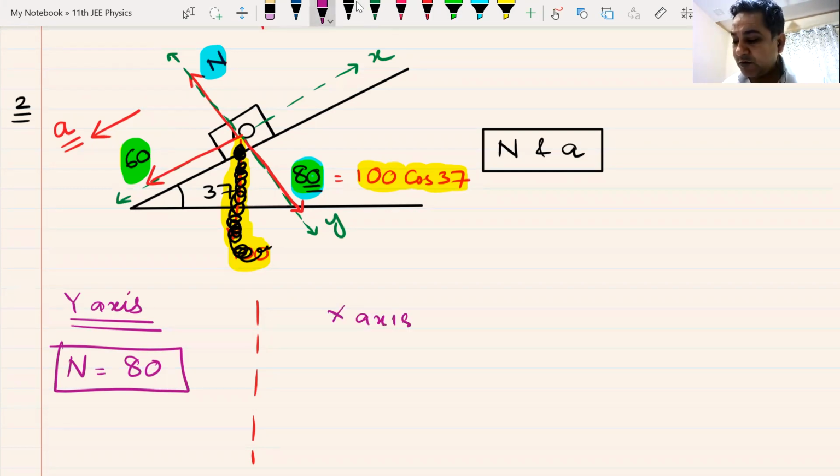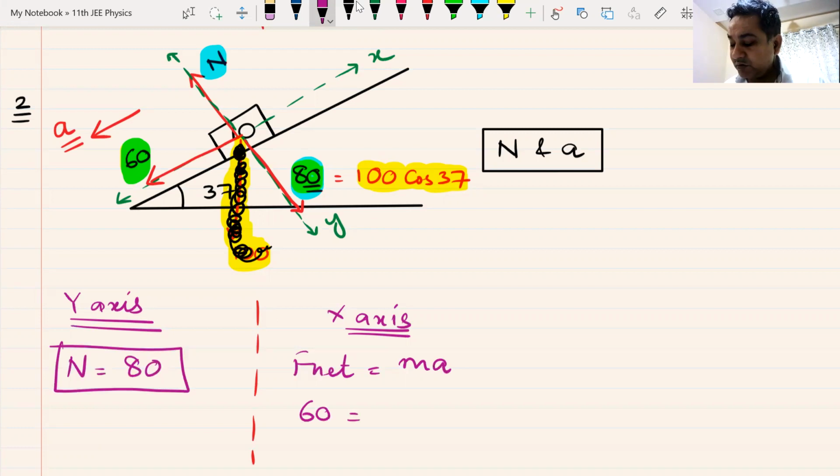I have to apply the equation F net is equal to ma. There is nothing on the x-axis apart from 60. So 60 is equal to 10a. My a becomes 6 meter per second squared.